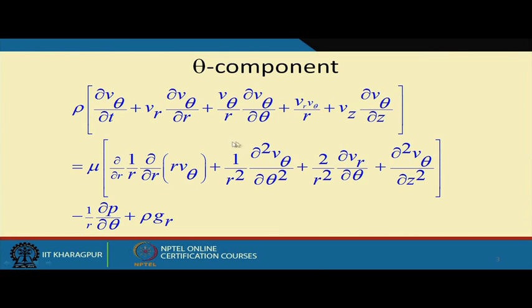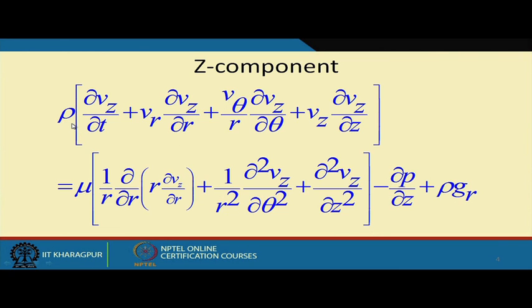Now, if we look at the theta component, it looks like this: rho into del V theta del t plus V r del V theta del r plus V theta by r del V theta del theta plus V r V theta over r plus V z del V theta del z, equals mu times del del r of 1 by r del del r of r V theta plus 1 by r square del 2 V theta del theta square plus 2 by r square del V r del theta plus del 2 V theta del z square, minus 1 by r del p del theta plus rho g theta. This is for the theta component, right.